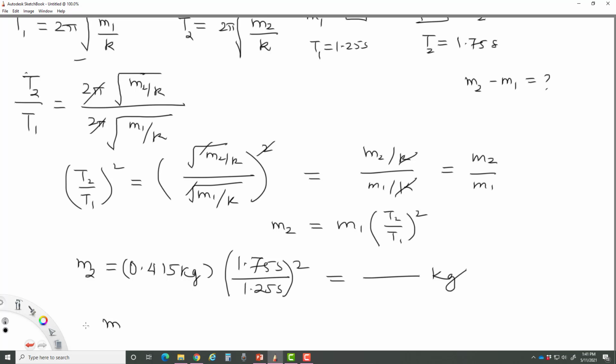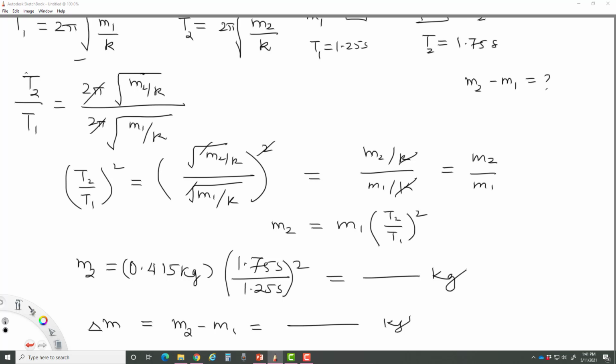And then to find the additional mass, delta m, the mass you need to add to change the time period to 1.75 seconds, that would be m2 minus m1. Okay, so that's from the homework problem.